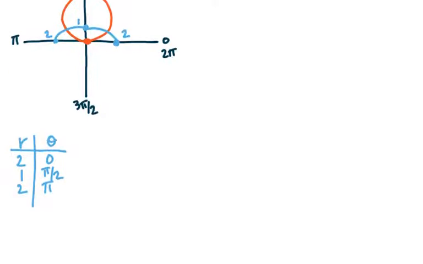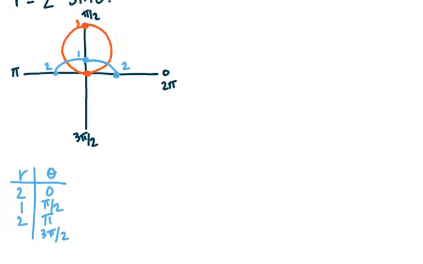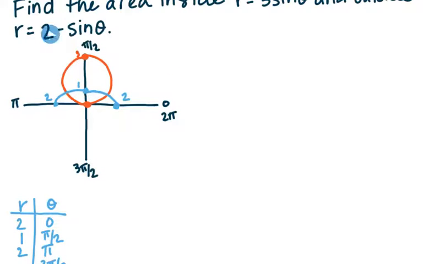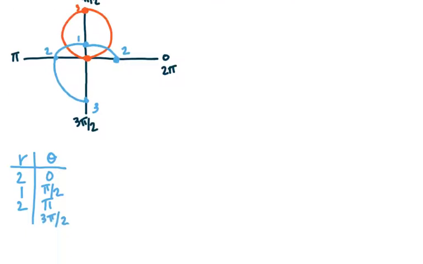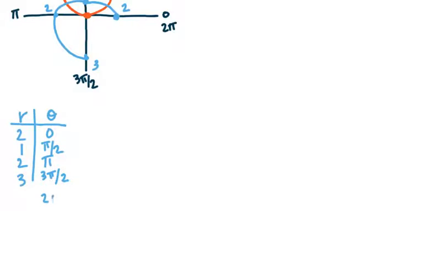And then 3 pi over 2 is going to be negative 1. So since we're doing 2 minus this value, that's really going to be like 2 plus 1, which will take us all the way down to 3. Right? And then of course when we get to 2 pi, that's going to be just like it was for 0, so we're going to get a 2 again.